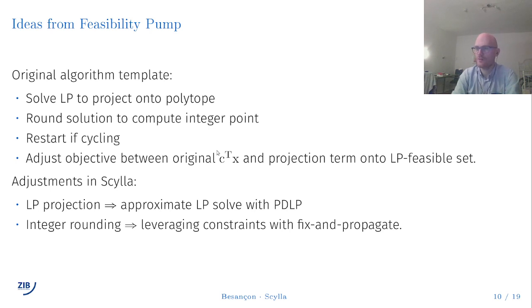So in Scylla, first, we do this LP projection approximately with PDLP, that's what we saw before, and we replace the integer rounding with a fix and propagate procedure, which instead of just rounding to integer, will exploit the linear constraints to try to round in a smart way. This was already suggested in prior work on feasibility pump, but we tried to exploit it here with fix and propagate procedures that were very close to the ones already in Papillo for pre-solving.